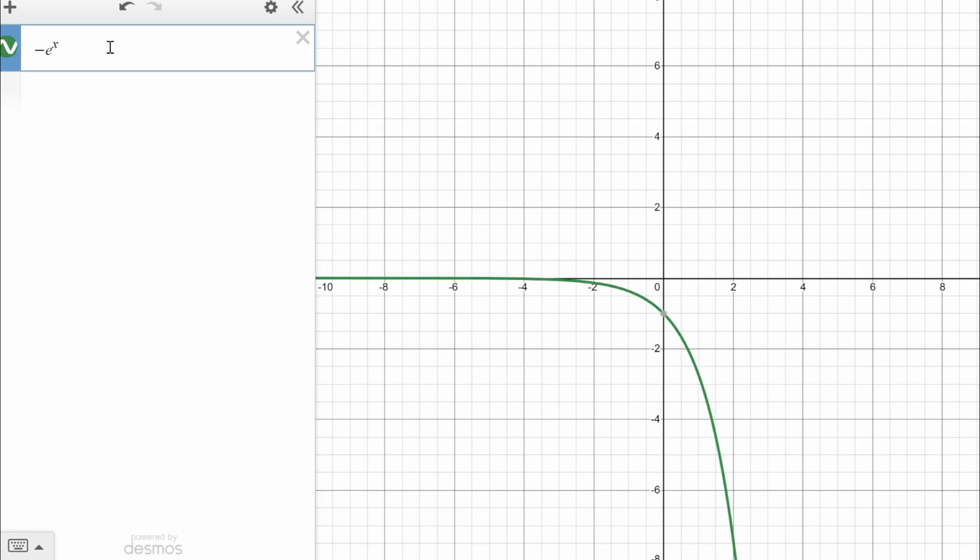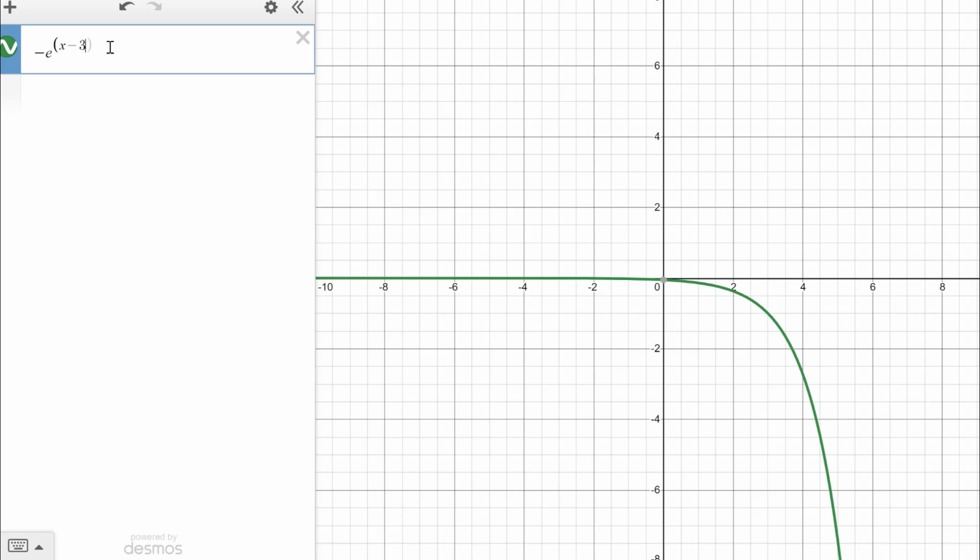And I did not put that negative 3 in the exponent. Nope, still not getting it. Try this. Better. Okay, so there's our graph.